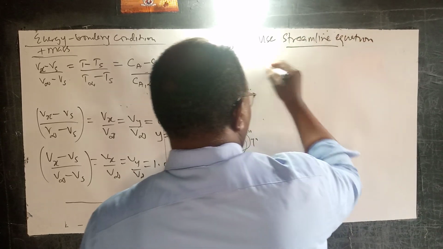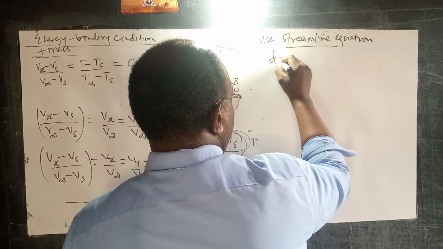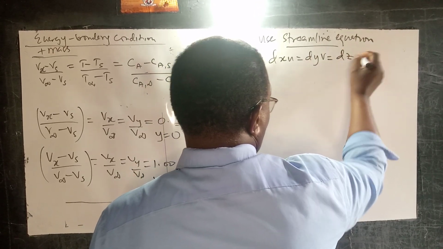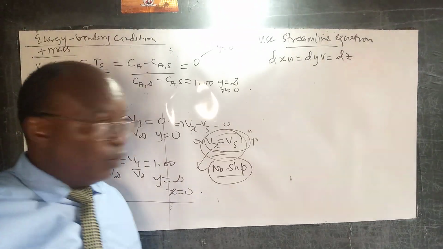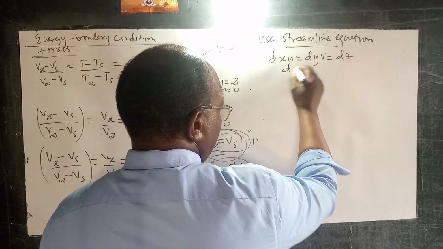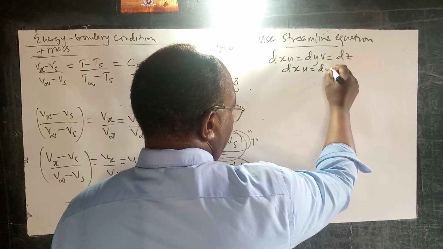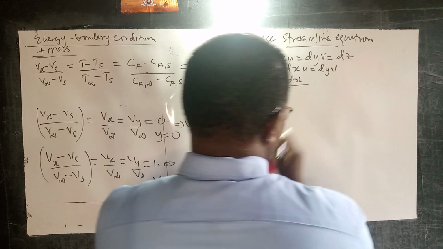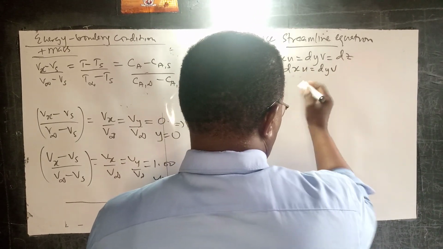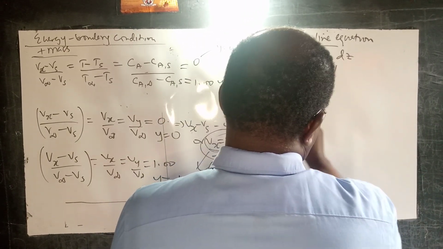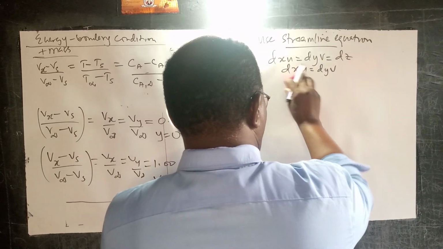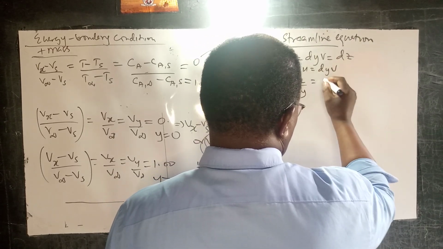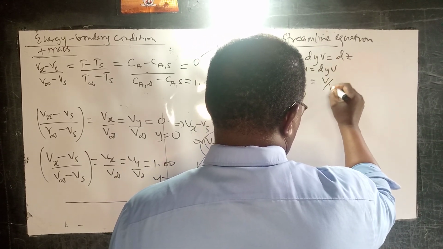If you use the streamline equation, it is very simple. That's the streamline equation, dx over u equals dy over v. So if you do a minor rearrangement, dx over dy is equal to u over v.